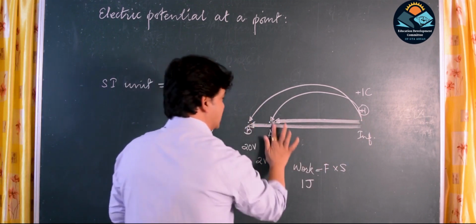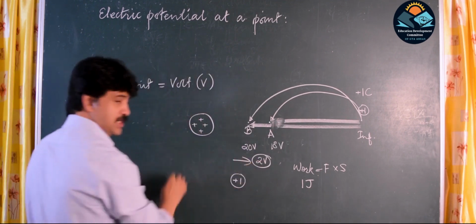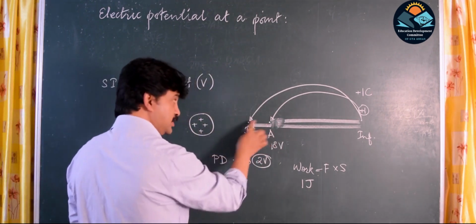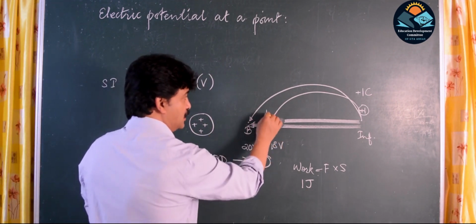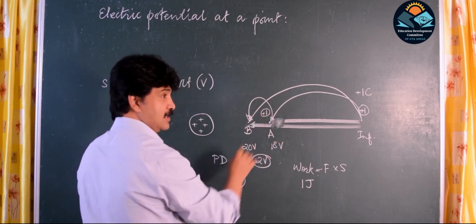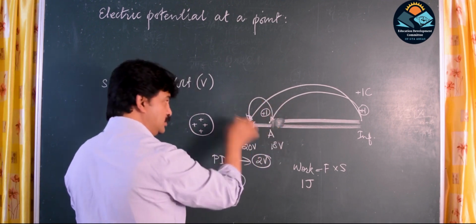That's why we say this is the difference in potential, and it is called the potential difference. So potential difference between 2 points is the work done in carrying a unit positive charge from one point to another, not from infinity to A or infinity to B, from one point to another.